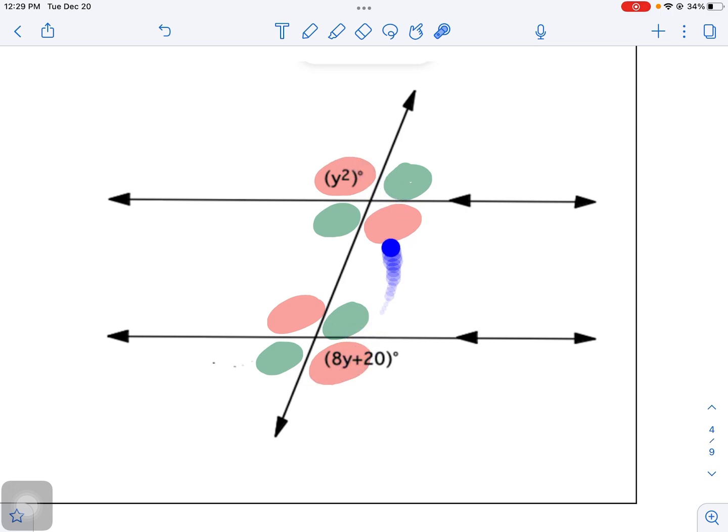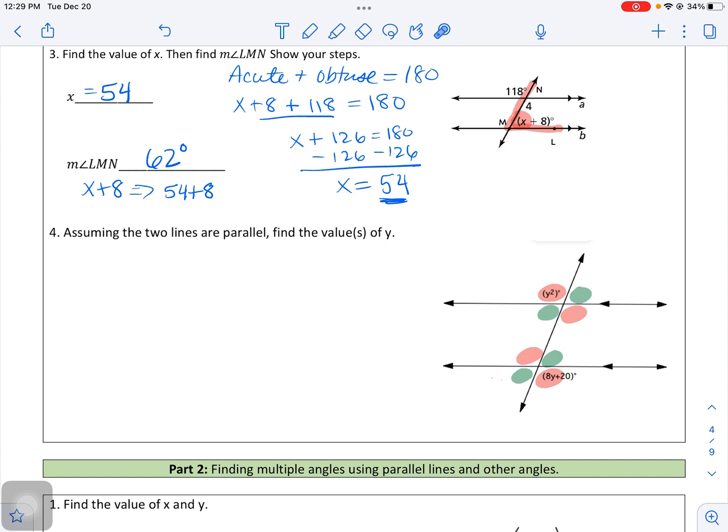Because both of them are obtuse, that means they are congruent. They're equal. So I can say y squared equals 8y plus 20. The two angles are congruent, so we set them equal to each other.